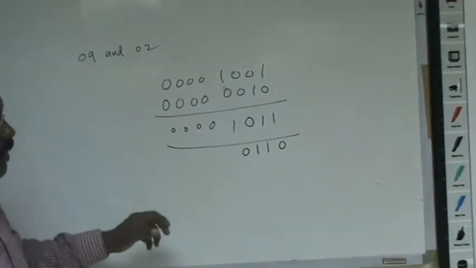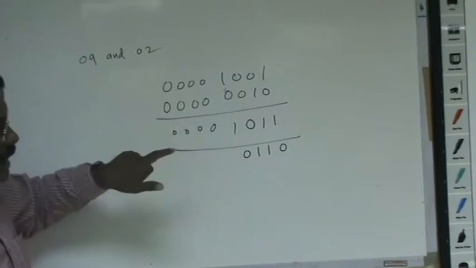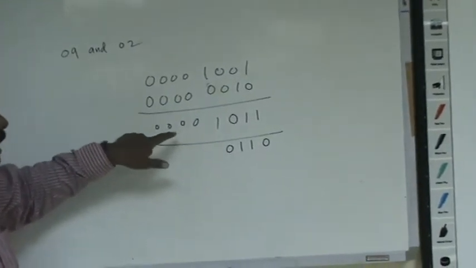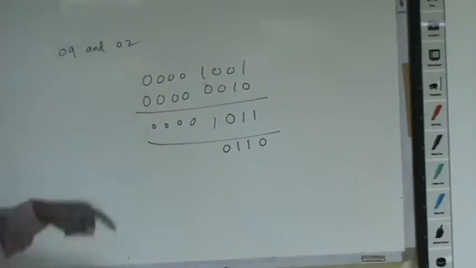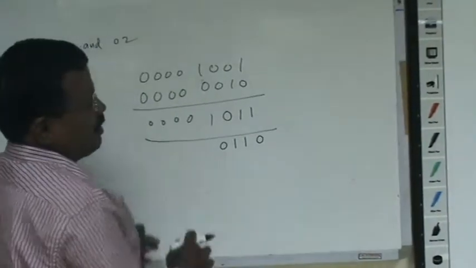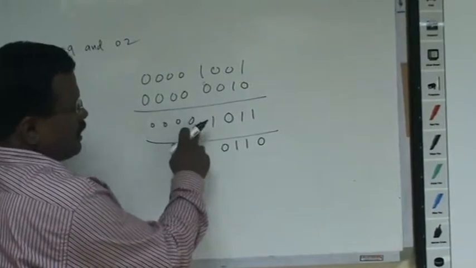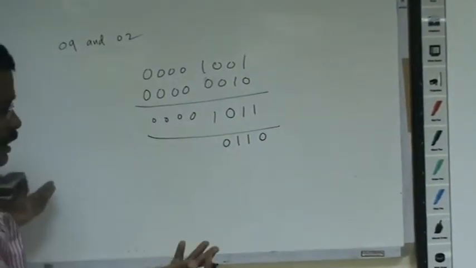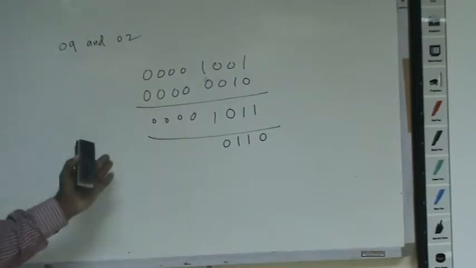Rule number 2 is similarly to check the higher order nibble. If the value is more than 9, or if there is any carry, 6 will be added to the higher order nibble. Here, as far as the higher order nibble is concerned, the result is only 0 0 0 0, so it need not add 6 to the higher order nibble.